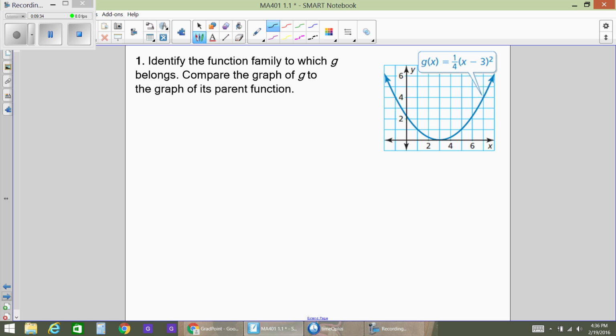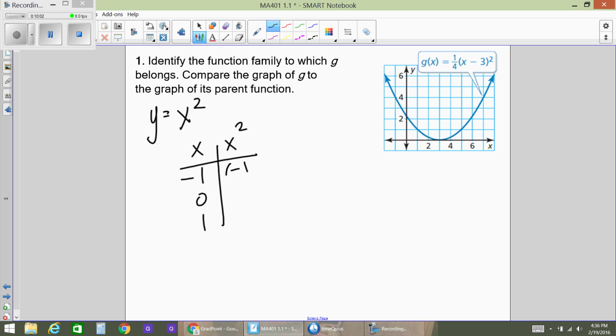It's a U-shaped graph, so right off the bat, I'm thinking that this is a quadratic function. And I know that that would be x squared as the parent. If you don't remember how to graph the parent function, then you just need to make yourself a quick little table.